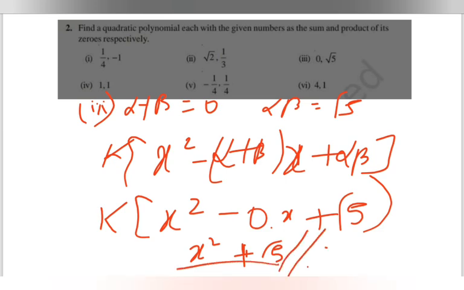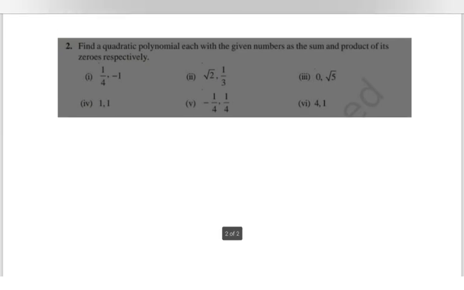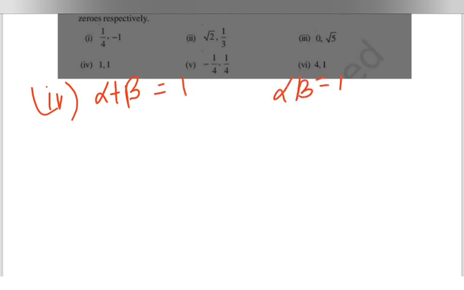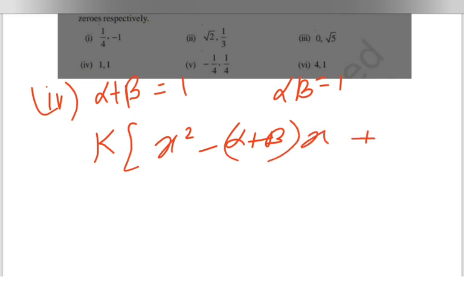Let's go to the next sum. So the fourth sum is 1, 1. So here they have given us, fourth sum, alpha plus beta is 1, alpha beta is again 1. So formula: k into x square minus (alpha plus beta) into x plus alpha beta.